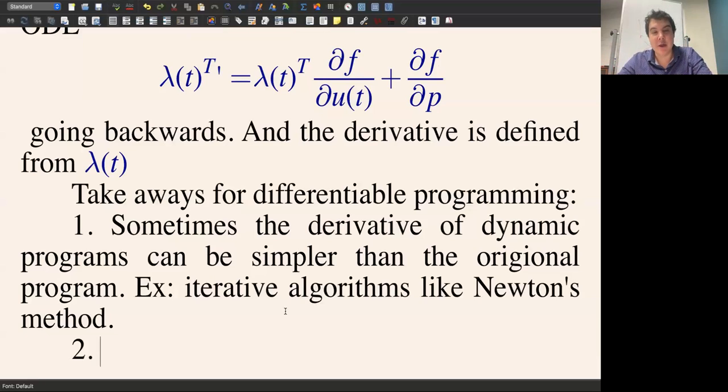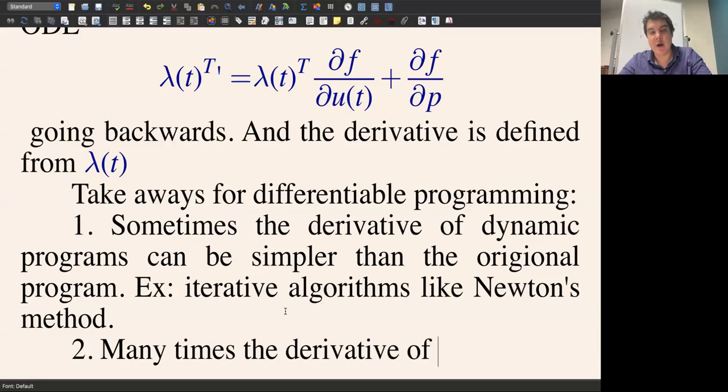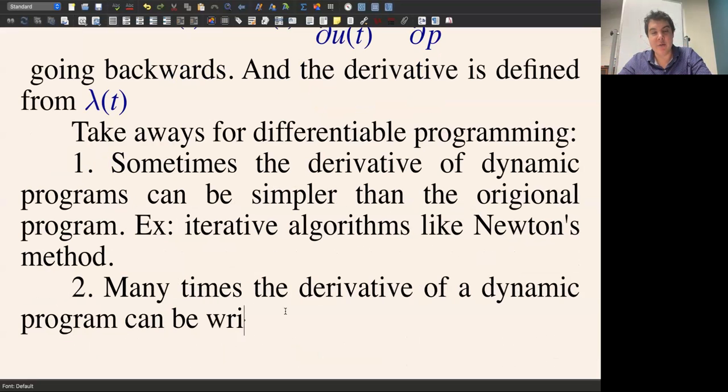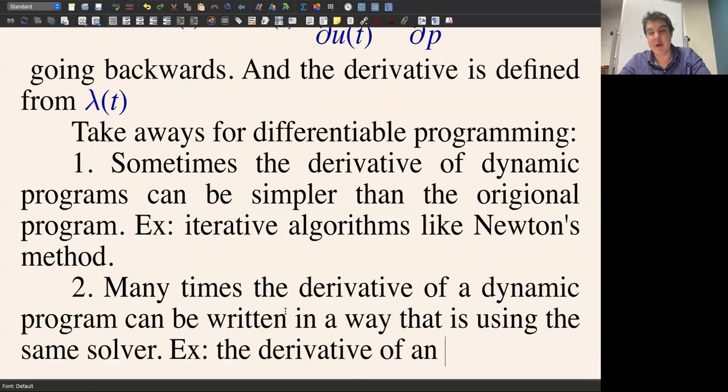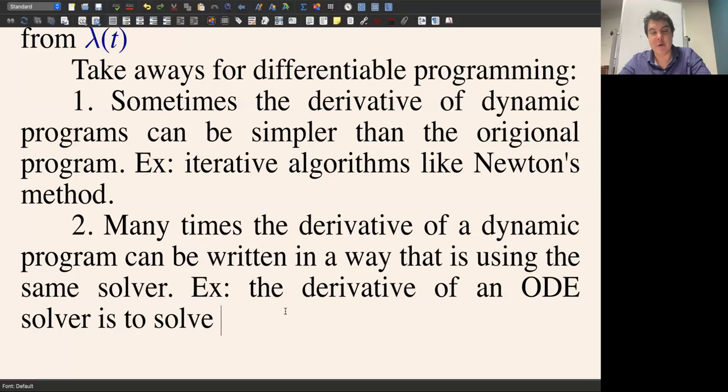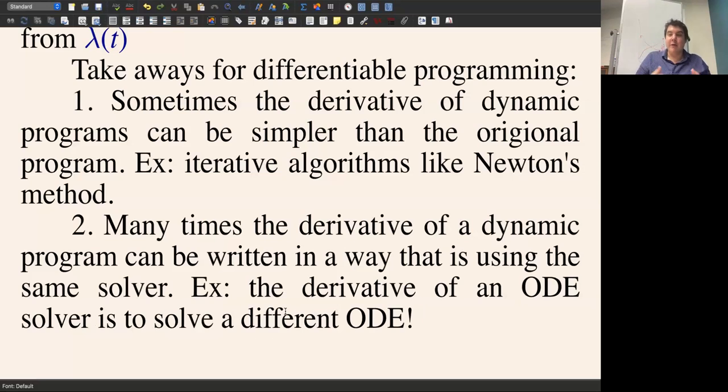The other thing is that many times the derivative of a dynamic program can be written in a way that is using the same solver, right? An example is that the derivative of an ODE solver is to solve a different ODE, right? And this ends up being pretty general.